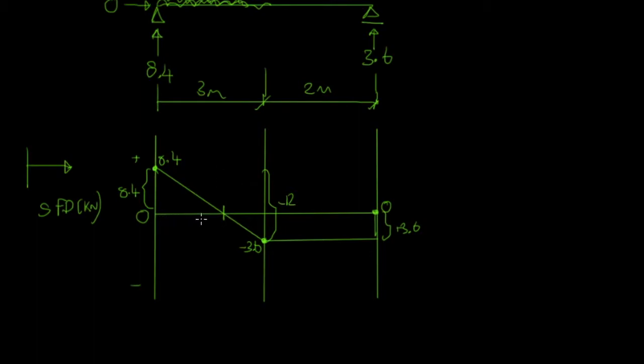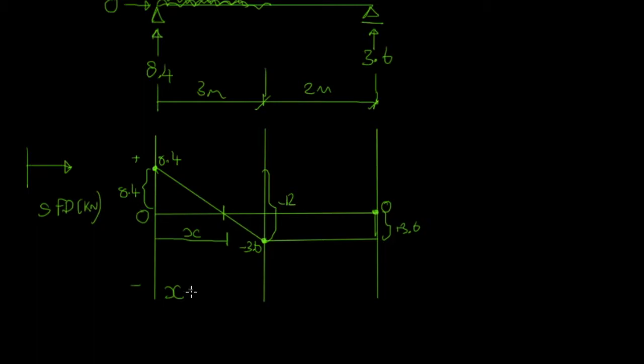So we actually need to find the distance between here and here, which is going to be, we'll call it x for now. We can easily calculate x because we know that this jump from here to here is 8.4, and we know it's reducing at a rate of 4 kilonewtons per meter, so we can rearrange that equation. So what would that be?